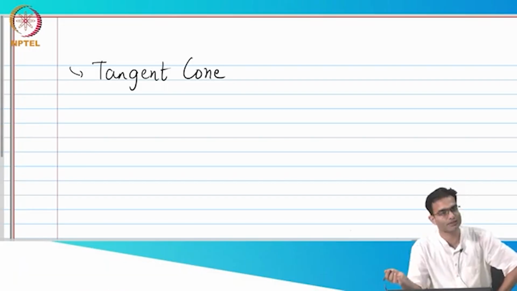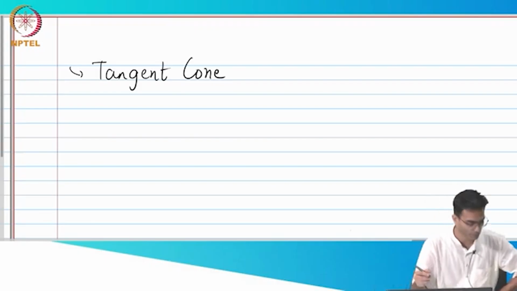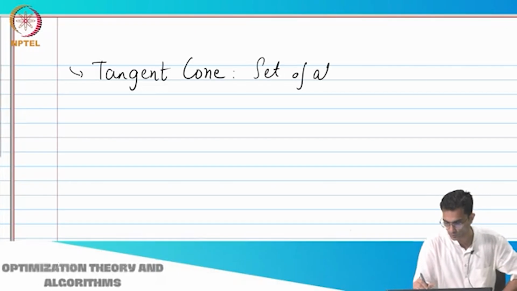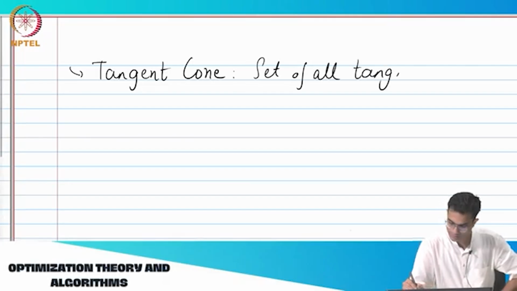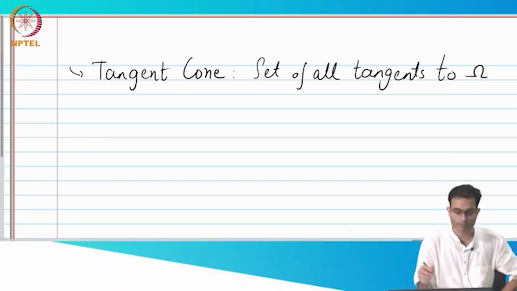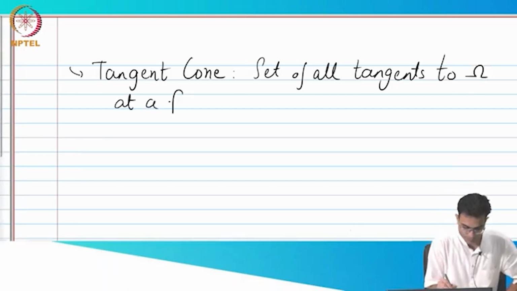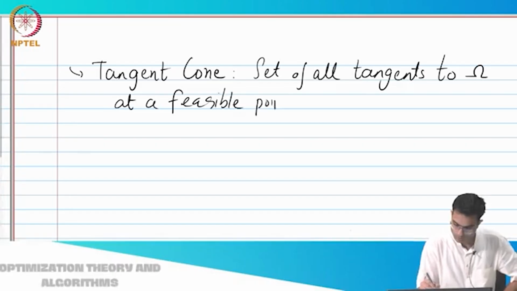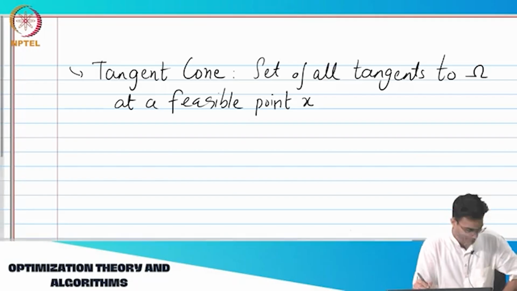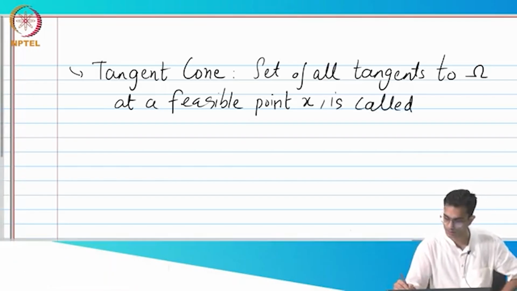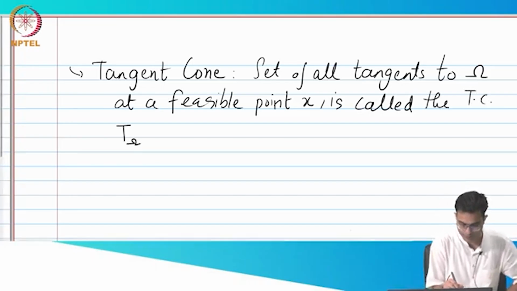The set of all tangents to sigma at a feasible point x is called the tangent cone, and the notation for it is this, okay.